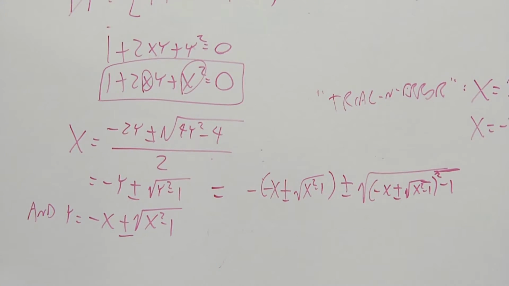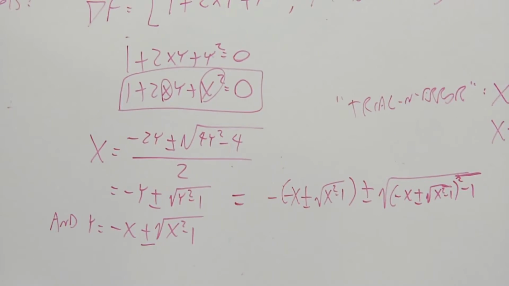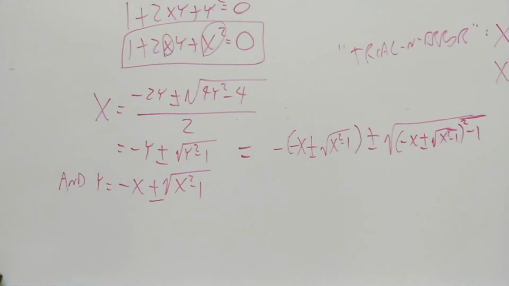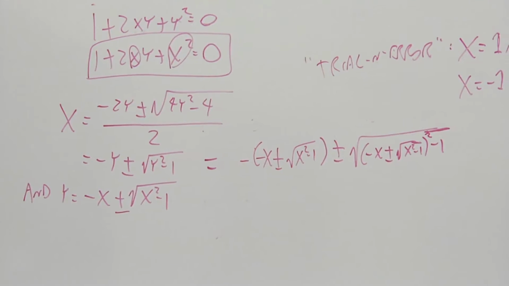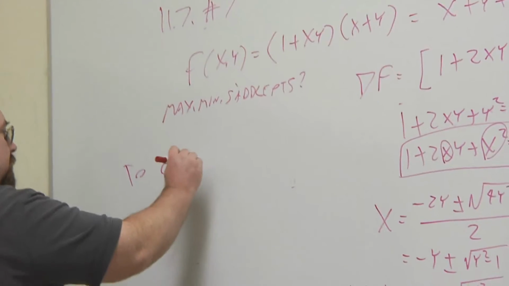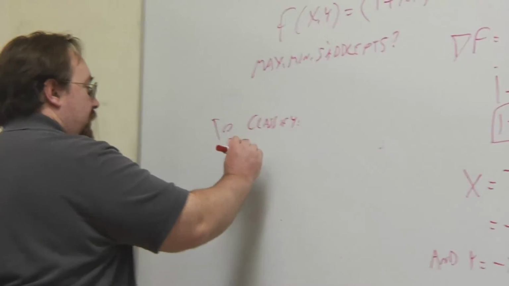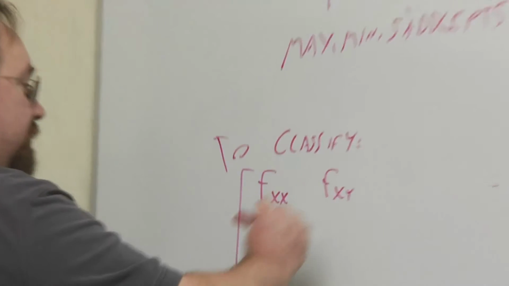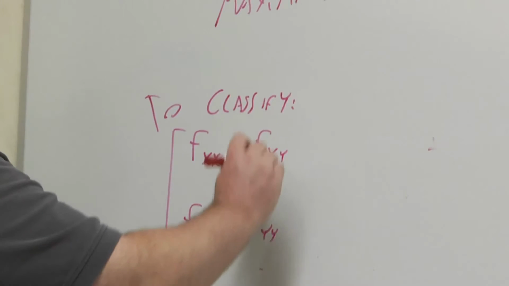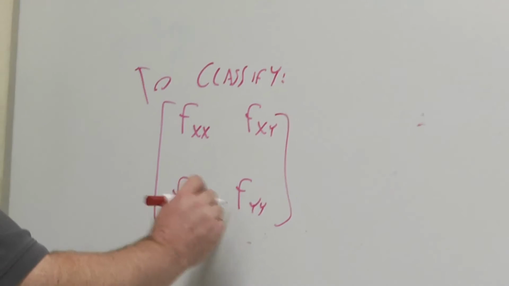So we have here two critical points, but we need to classify them as max, min, or saddle point. For that, you look at the matrix of second partial derivatives at each of these points.